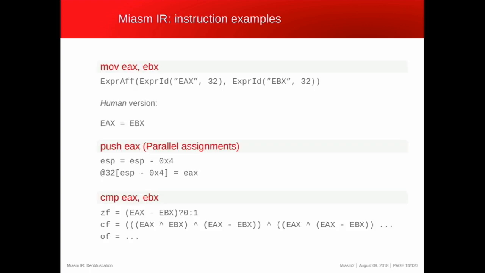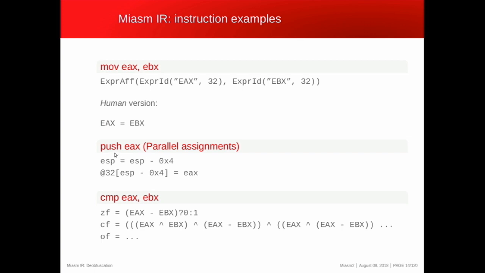So for example, if you want to translate MOV EAX, EBX in x86, you have this kind of result. You have an assignment between the ID EBX and the ID EAX, and you can print a human readable version of it like this. So you have simply EAX = EBX. Another example is PUSH EAX.